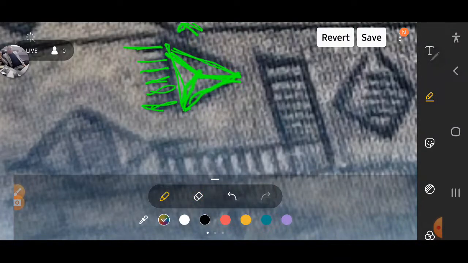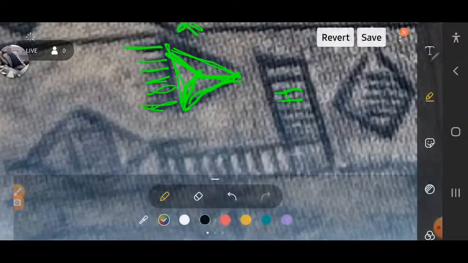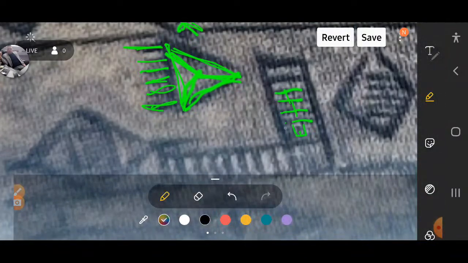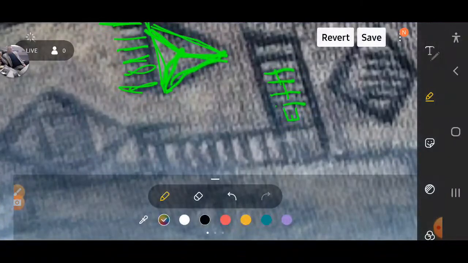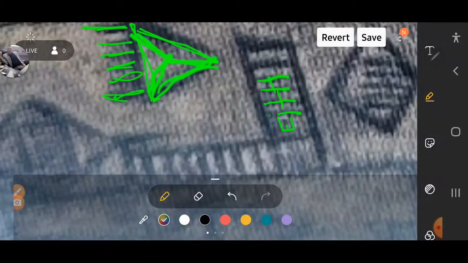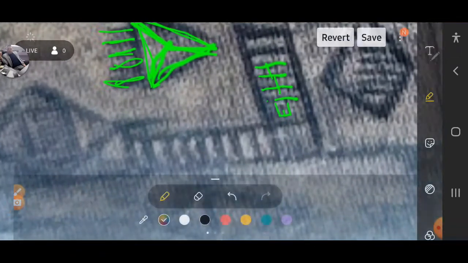This is just all pure speculation, but I'm just going to follow them the best I can. And that's a possibility. I do see that though.